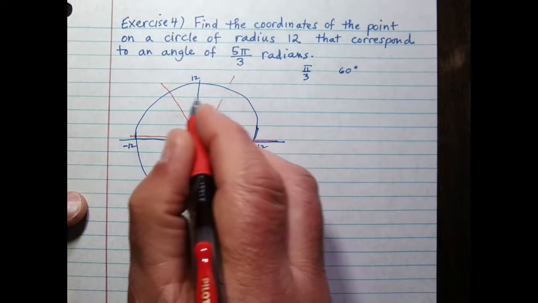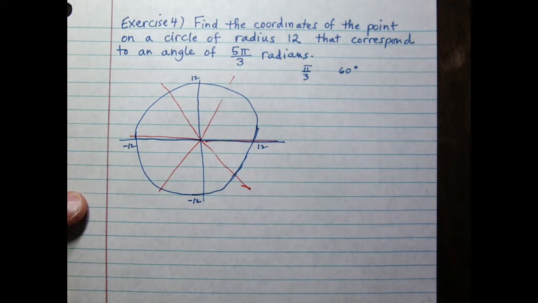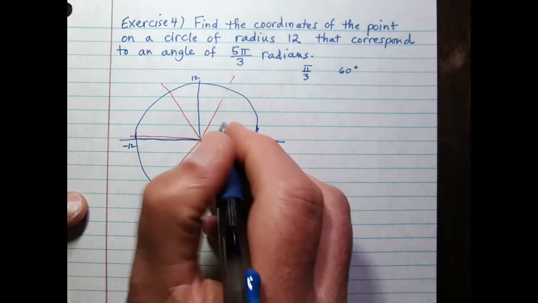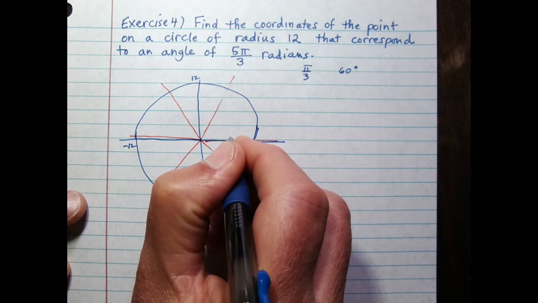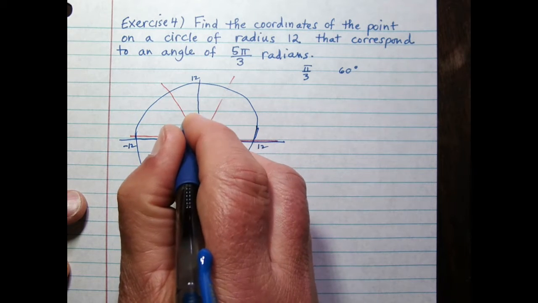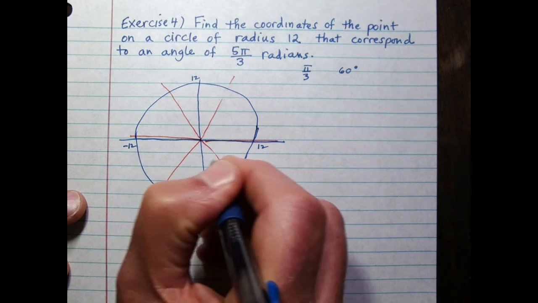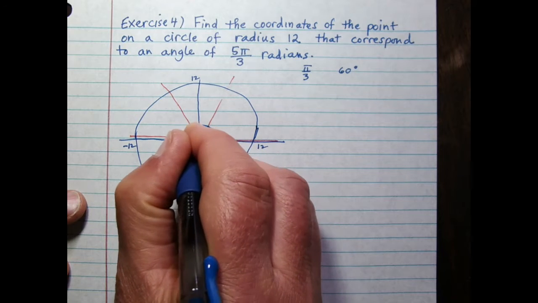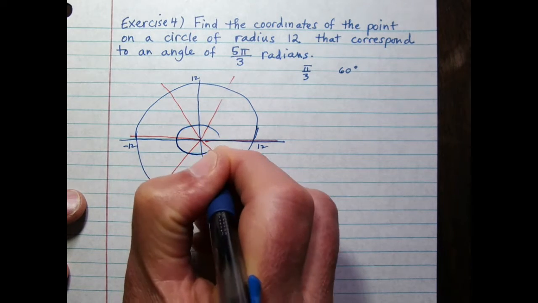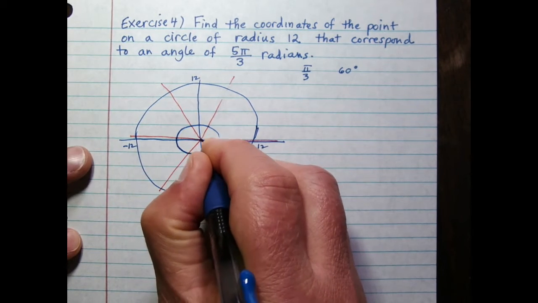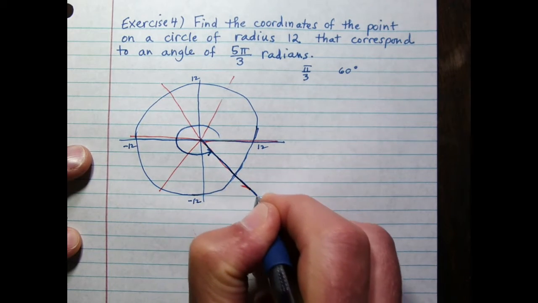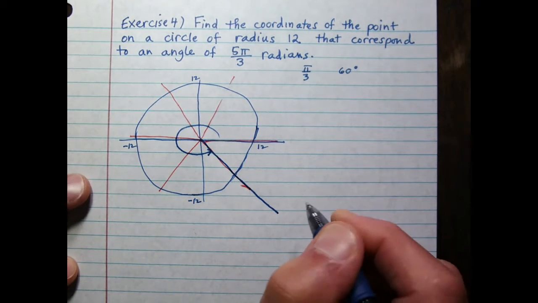So we can think of the circle as a pizza in 6 slices, right? And each slice is pi over 3. So we got 1 pi over 3, 2 pi over 3, 3 pi over 3 is 180, 4 pi over 3, 5 pi over 3. This is just meant to help us see that 5 pi over 3 is going to have its terminal side in quadrant 4.